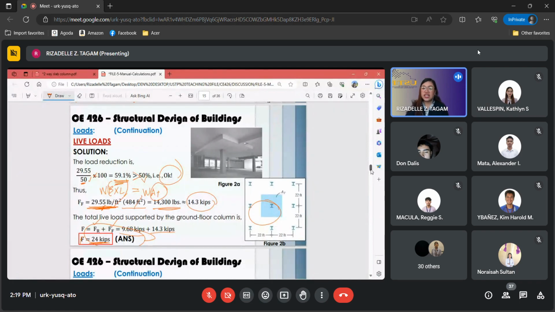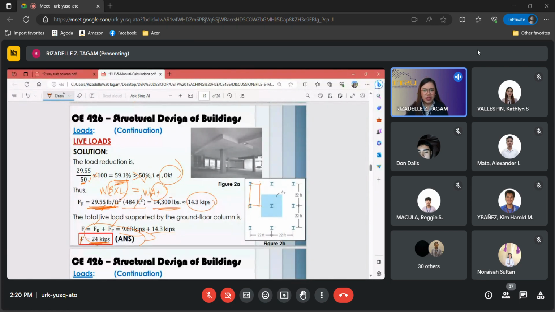Alright? Same principle if you are given a problem on beam. Compute the area, check whether it passes 400 square feet. Same process, only the tributary area differs, because the column has a different tributary area. And for the beam, go back to the unit of kilonewton per square meter or pounds per square foot, because you will use the tributary area.